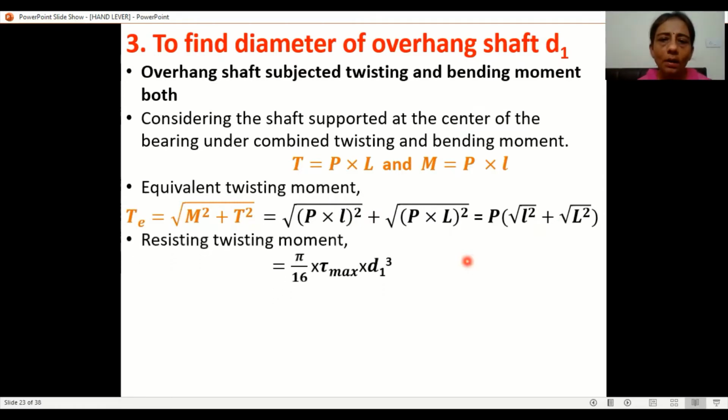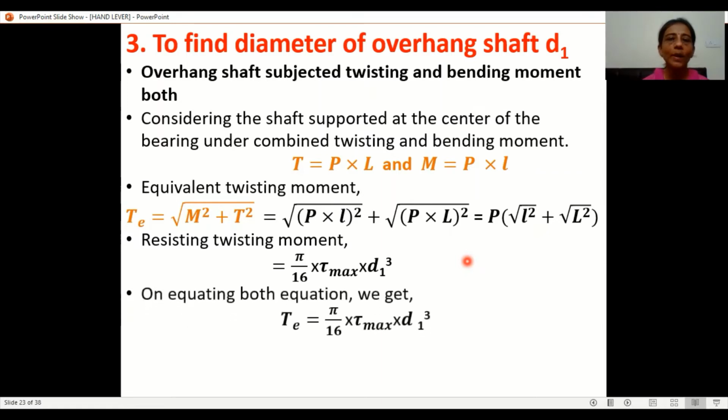Resisting torque for the overhang shaft is pi by 16 tau max d1 cube. Comparing both equations, TE is equal to pi by 16 tau max d1 cube. From this equation, we will be able to find the diameter of the overhang shaft.